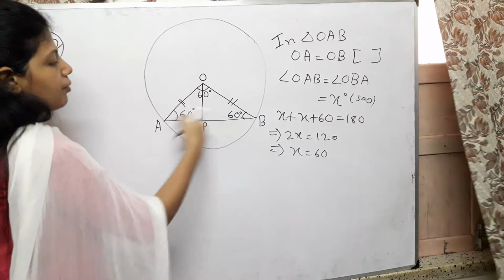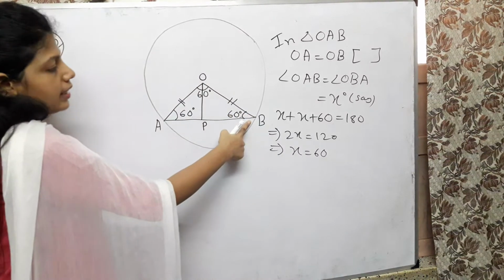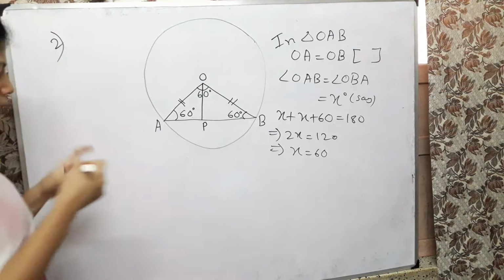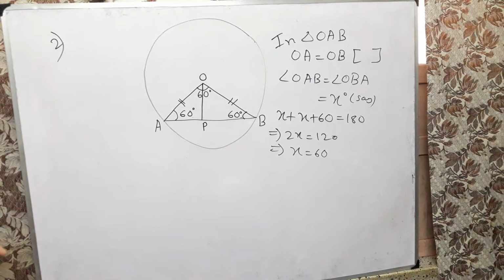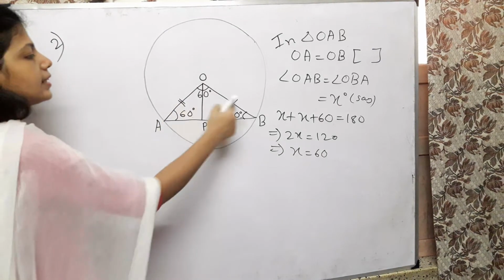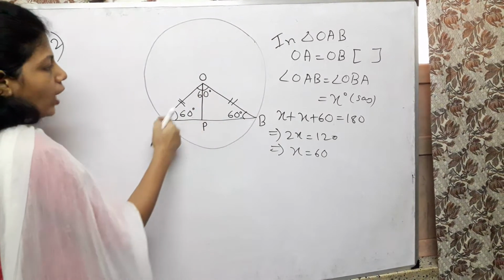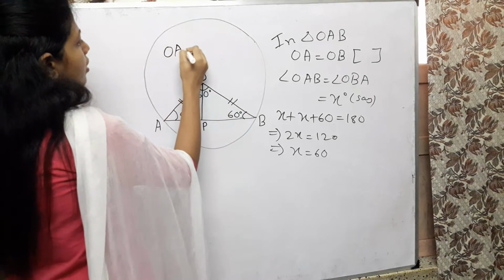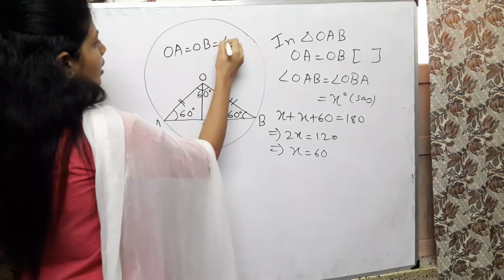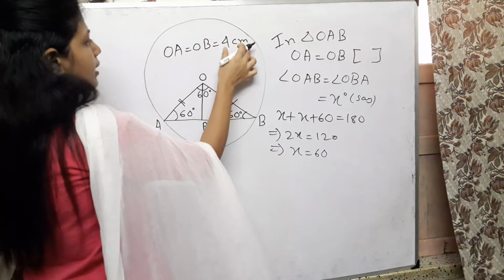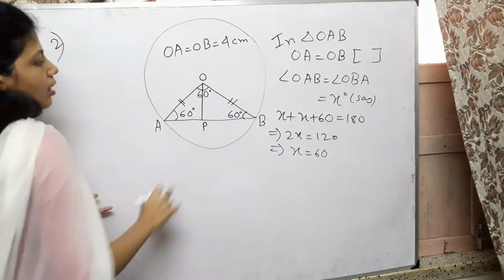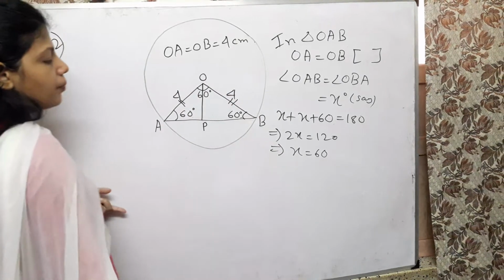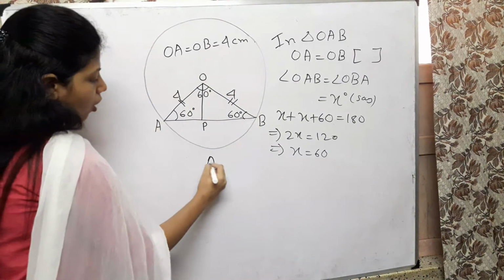What is the type of the triangle? That means it is an equilateral triangle, and we know that if a triangle is equilateral, the sides are equal. Now OA and OB, it is given here, OA and OB is 4 centimeter. This one is given in the sum. So this one is 4, which means AB will also be 4.